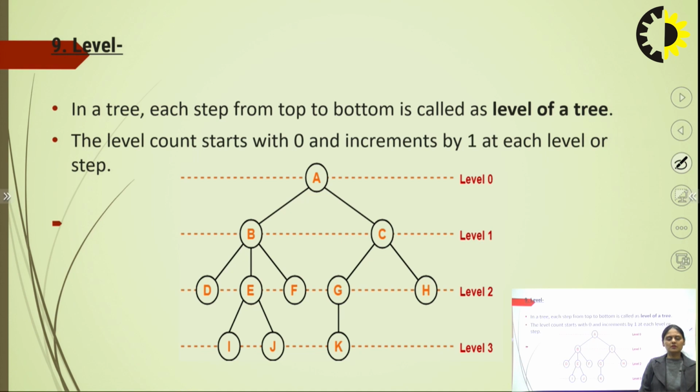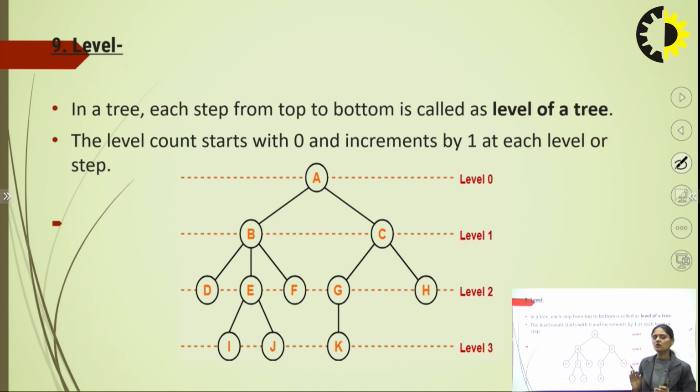The next term is the level of a tree. In a tree, each step from top to bottom is called the level of a tree. The tree count always starts with 0. So, the level always starts from 0 and is incremented by 1 at every level. So, over here we know that the root is always the first node of a tree.